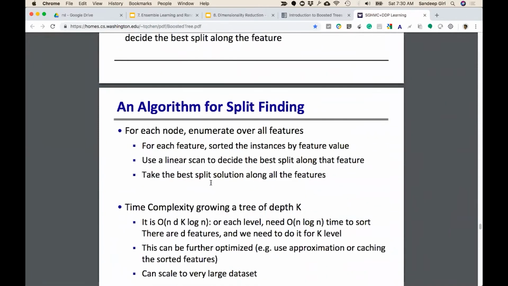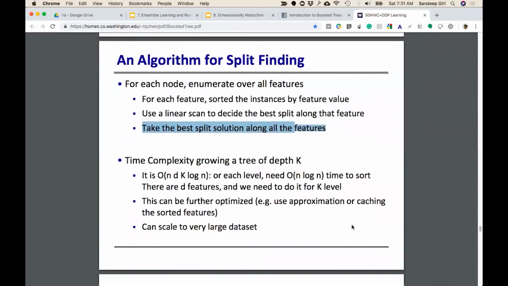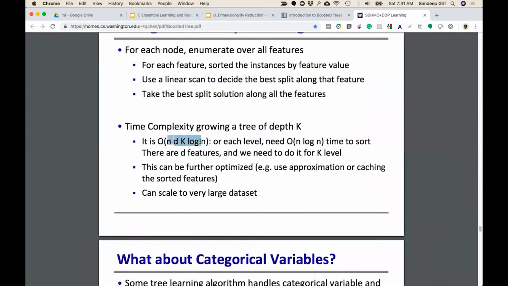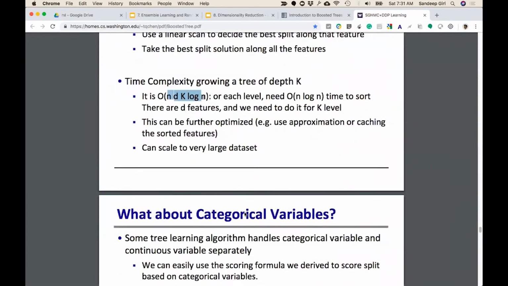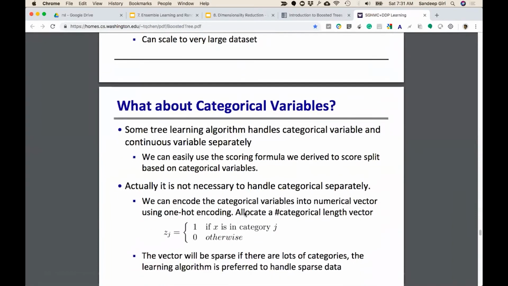This is what happens in XGBoost also: for each node, we enumerate all the features, and for each feature, sort the instances by feature value. Use the linear scan to decide the best split along the feature, and take the best split solution along all features. The complexity is similar, and so on. All right, so that's what is happening.